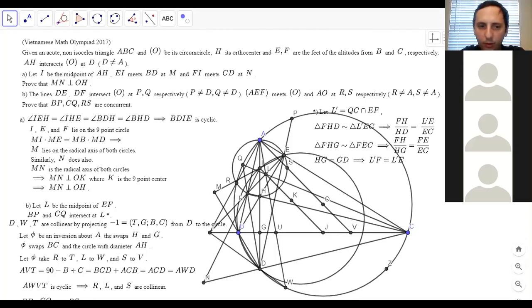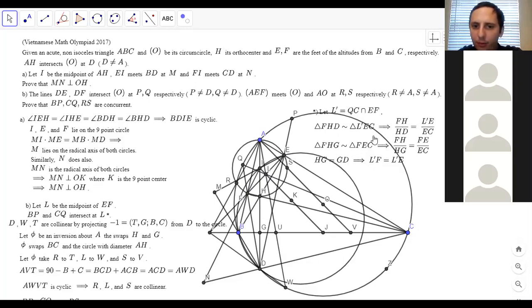First, we want to show that if L is the midpoint of EF, then BP and CQ intersect at L. So here's Feng's idea. We let CQ intersect EF at L prime, and we want to show that L prime is actually the midpoint of EF.